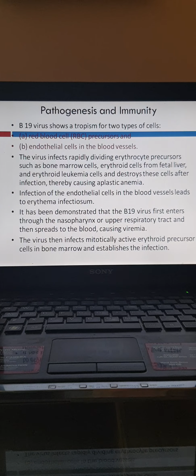Basically, it infects the erythroid precursor cells, whether present in bone marrow cells or fetal liver cells, and it destroys these cells after infection, causing aplastic anemia. And when it infects the endothelial cells present in the blood vessels, it leads to erythema infectiosum.